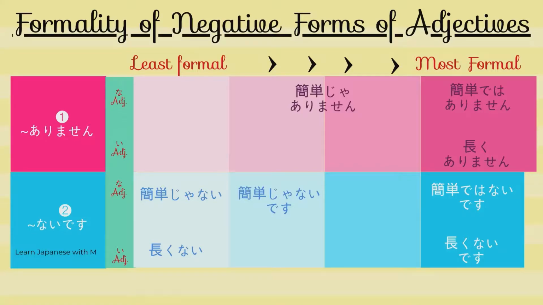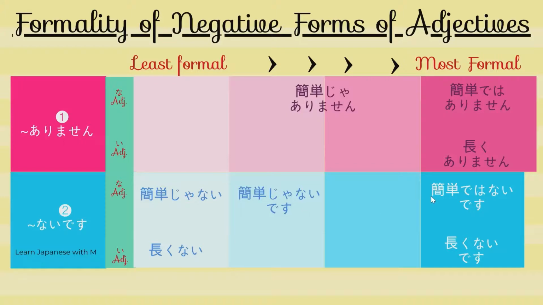Let's look at the blue box here. ないです. For na adjectives, the least formal is 簡単じゃない. And slightly more formal than that will be 簡単じゃないです. We add です after 簡単じゃない.